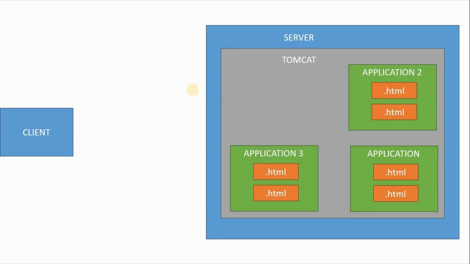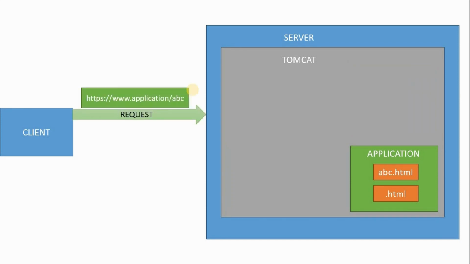Okay. And also a Tomcat container can not only have one application, it can have multiple applications. Got it? Now the way Tomcat handles one application is the same way it handles any other application that is there in the Tomcat. So if we learn how one application works, we can understand how any other application works inside a server. Okay.